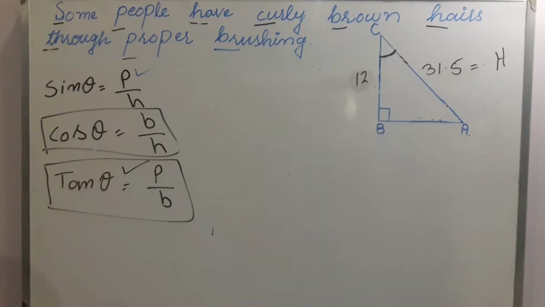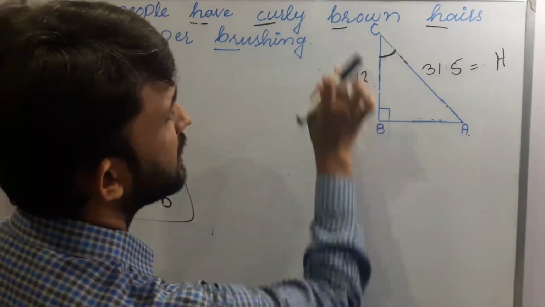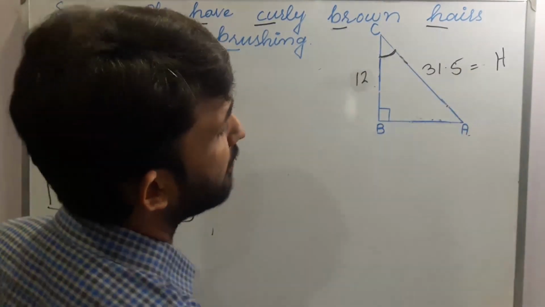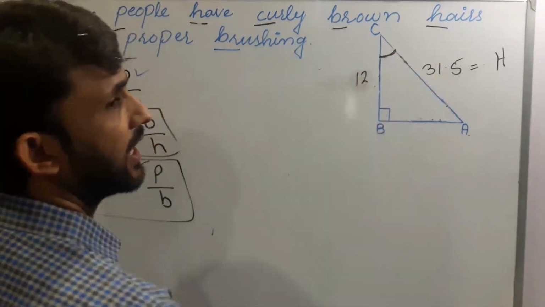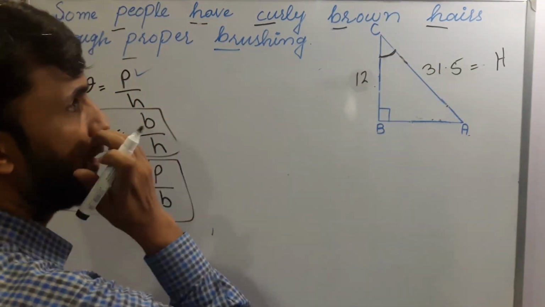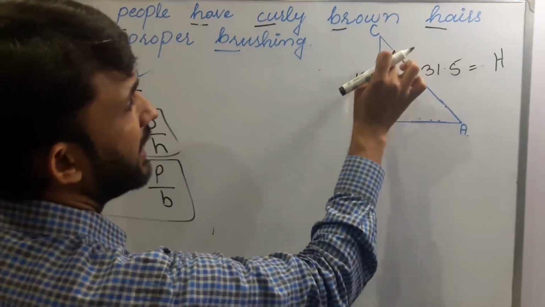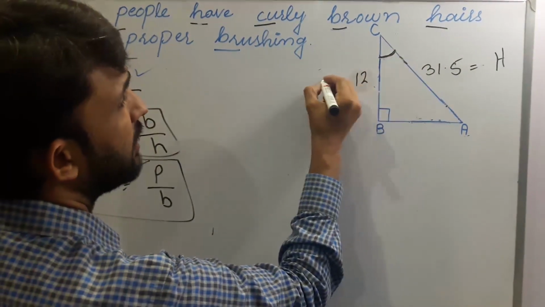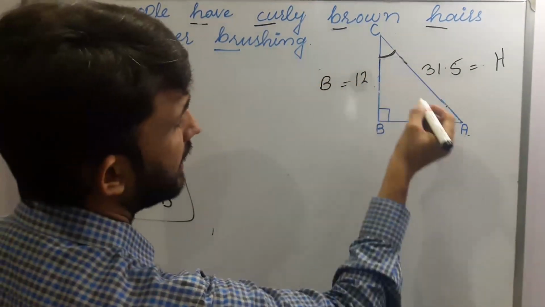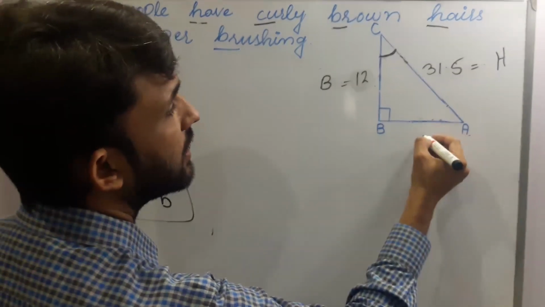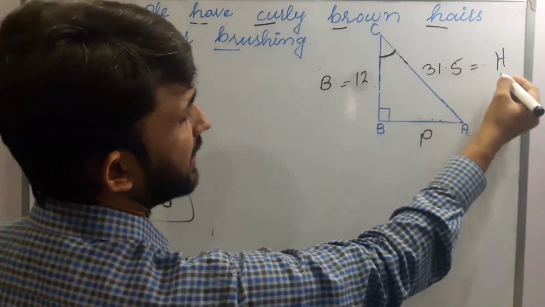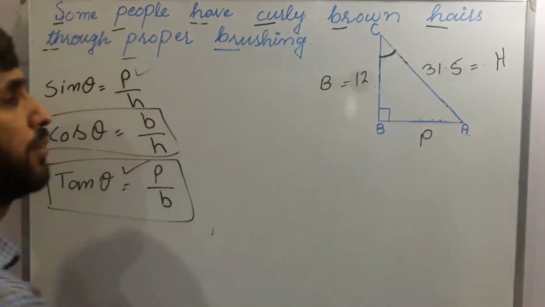This is the third case. If we have BC 12, AC is 31.5 and we have to find this angle. Now the side with the angle is base. So this will be your base. In front of the angle is perpendicular and in front of 90 is the hypotenuse, which is 31.5.